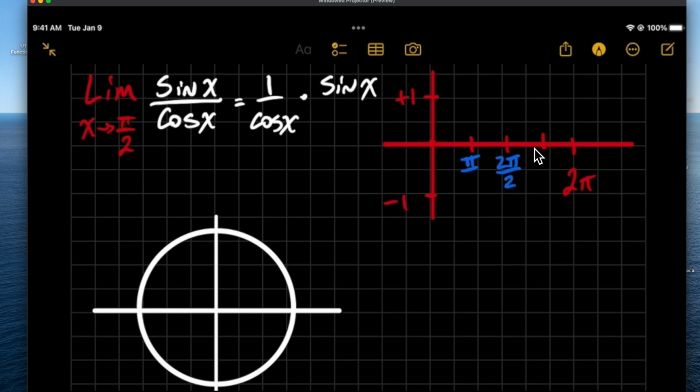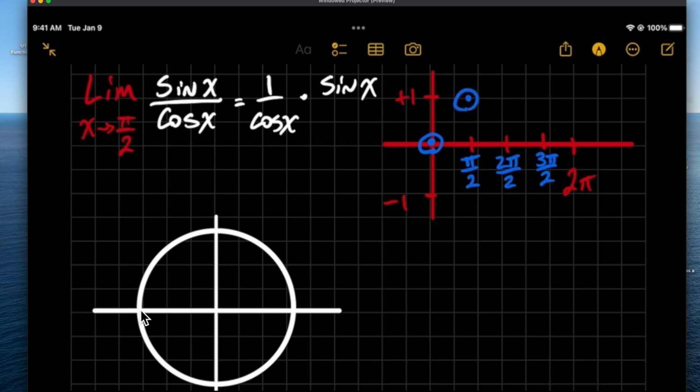This is 1 pi over 2, and this would be 3 pi over 2. If you go to the unit circle, at 0 here, your y value is 0. So we would be here. At 90 degrees, your y value, which represents the sine of that angle, is going to be +1.